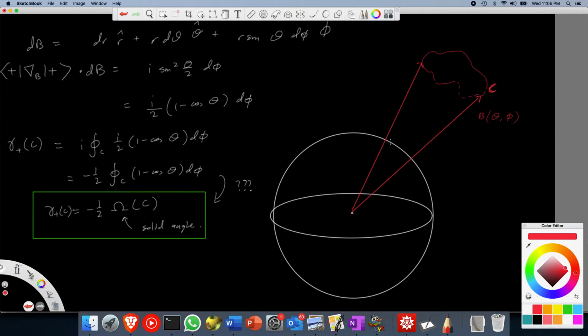So in a sense, we can project this curve C, this path C, onto the Bloch sphere. You just have to imagine that it projects onto the Bloch sphere. Okay, maybe I can draw that better.